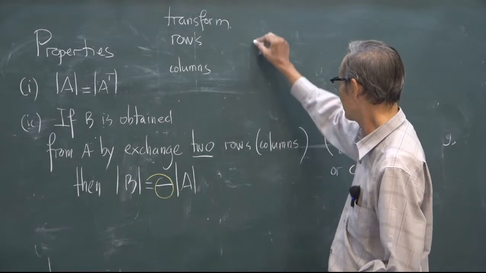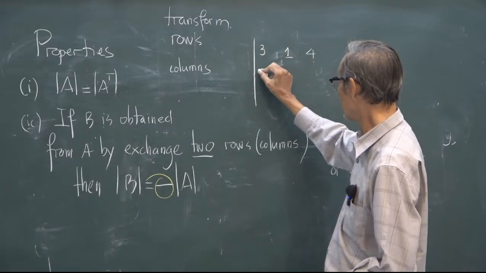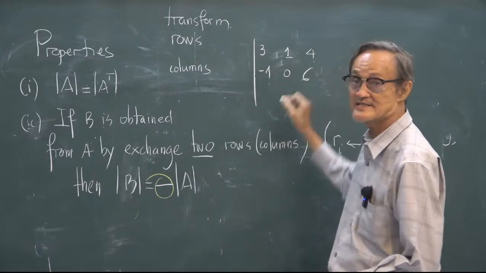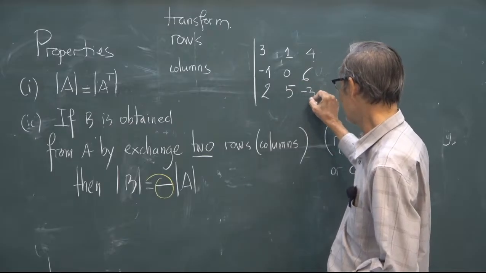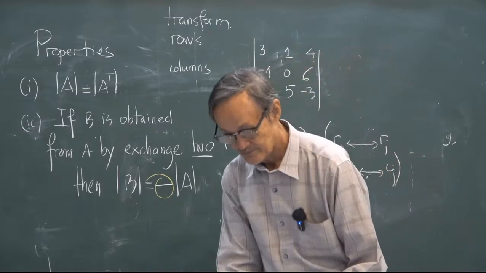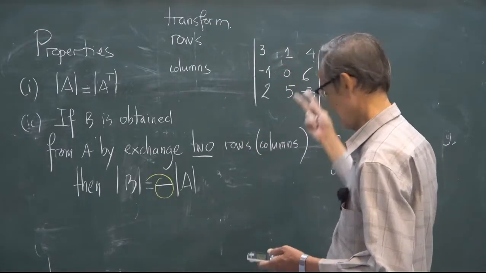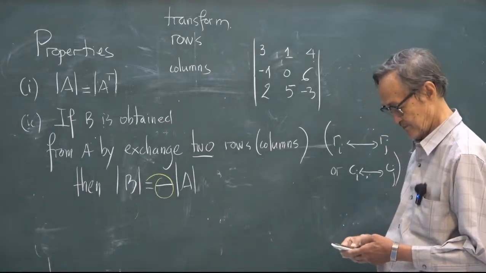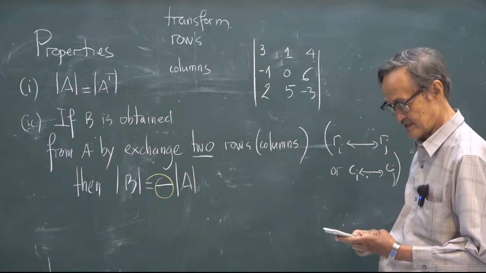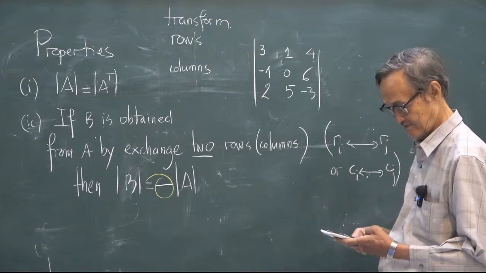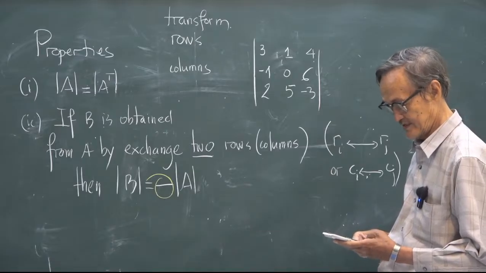For example, 3, 1, 4, minus 1, 0, 6, 2, 5, minus 3. Now we can use the pocket calculator to find this. Mode for matrix. Define matrix. Number 1, Mat A. Number of rows 3, number of columns 3.